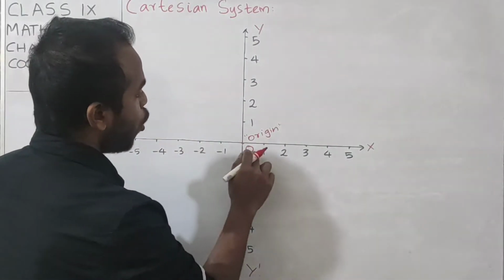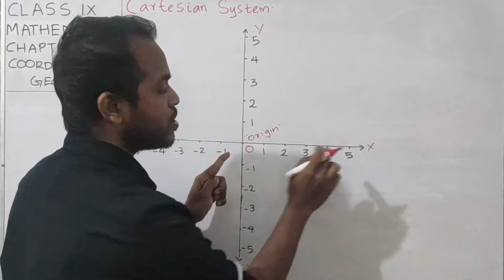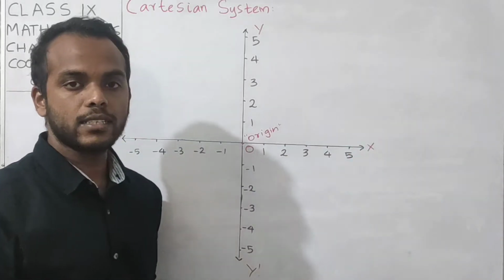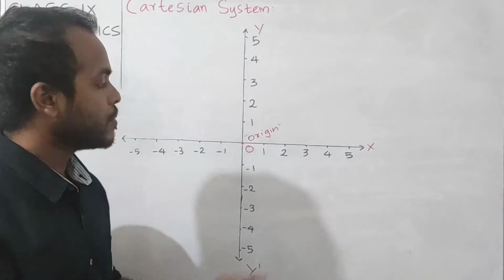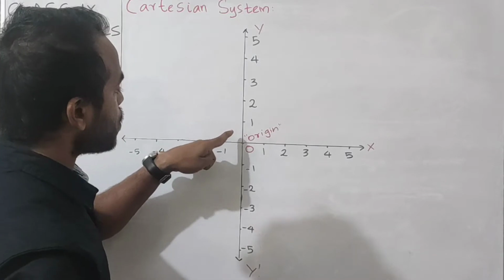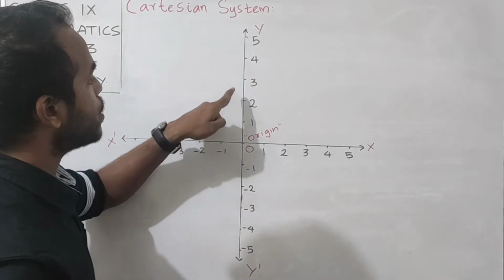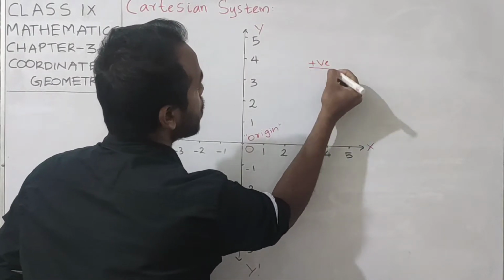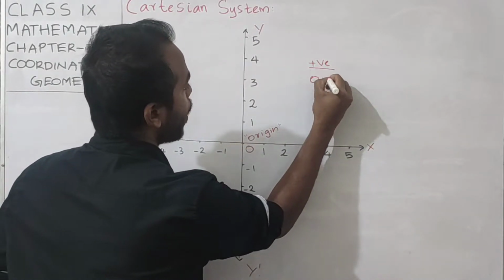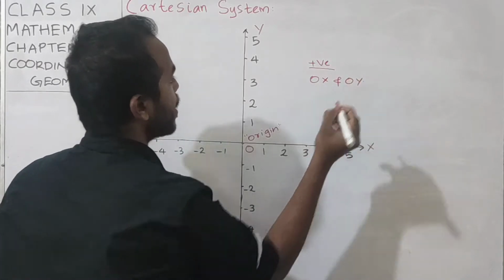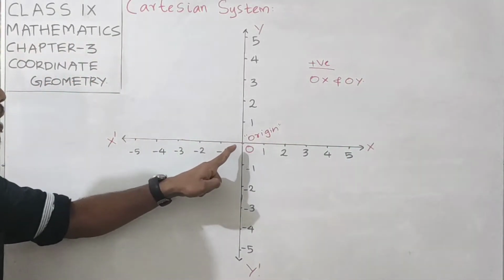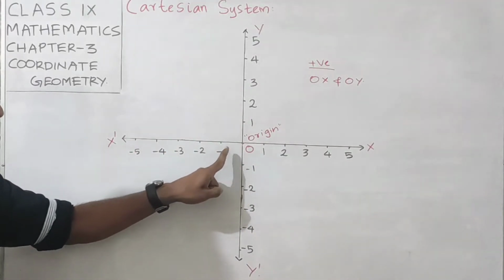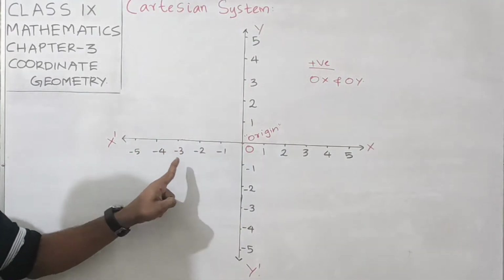OX contains only positive numbers, right? Starting from 0, 1, 2, 3, 4, 5, etc. All numbers are positive. The same is the case with OY: 0, 1, 2, 3, all the numbers are positive. So we can call OX and OY the positive lines. What about the remaining two lines? On OX dash all numbers are negative: after 0, minus 1, minus 2, minus 3, minus 4.